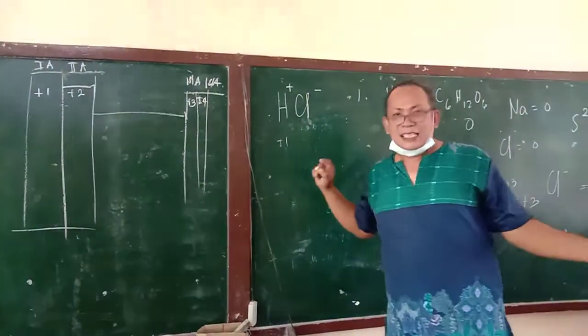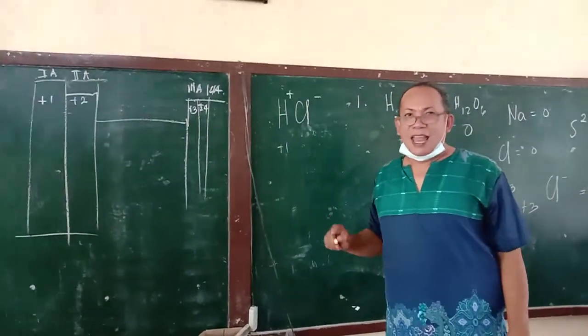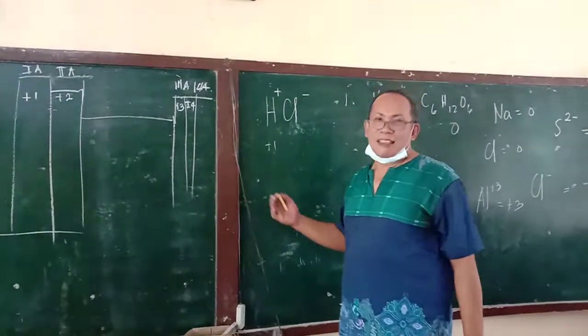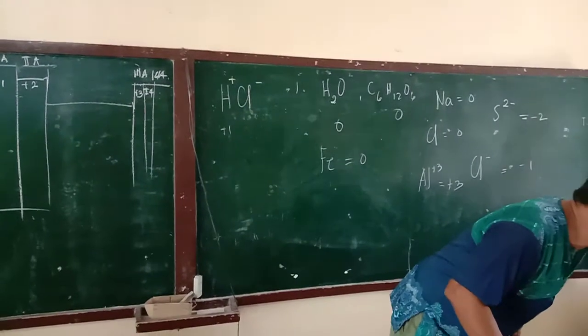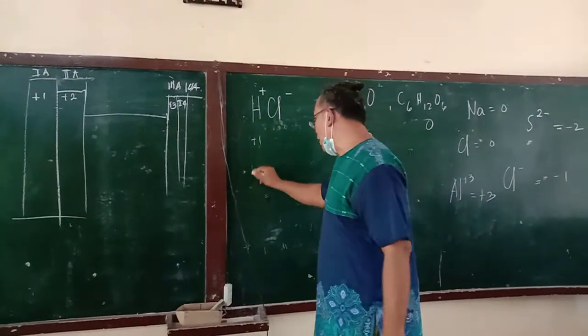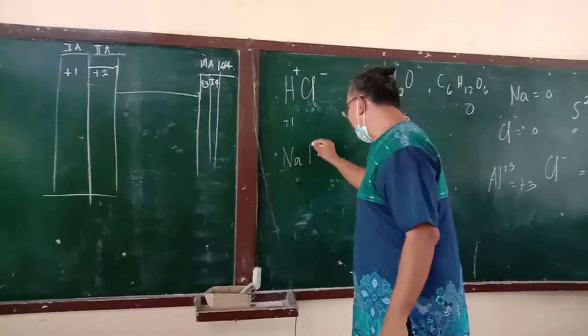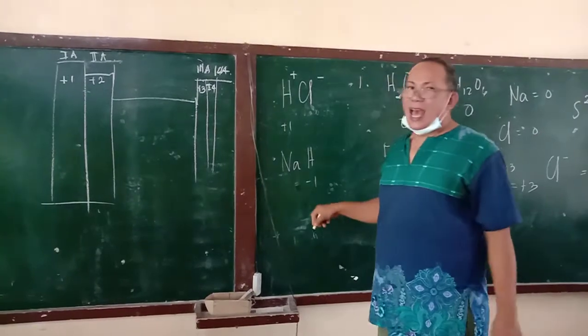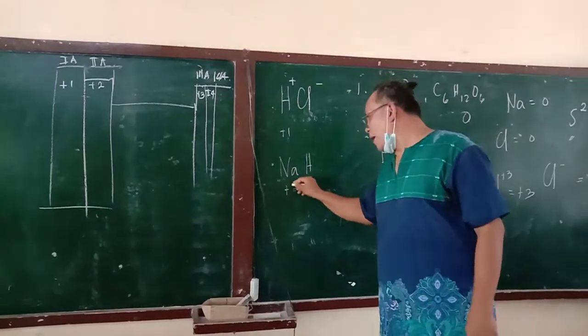Hydrogen can also be negative 1 if it is written at the second part of the compound, which is actually bonded to a metal. For example, sodium hydride. The hydrogen is now negative 1 and the sodium is positive 1.